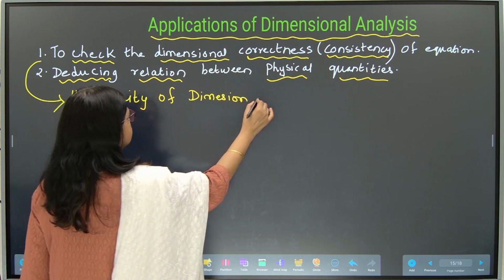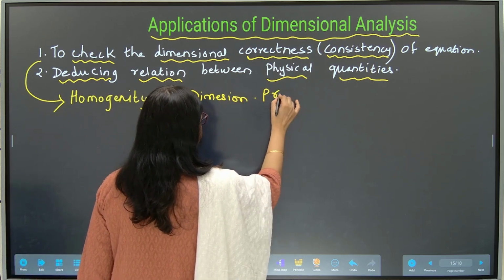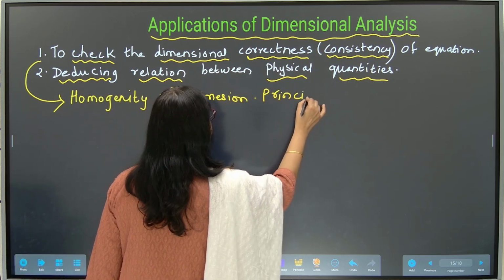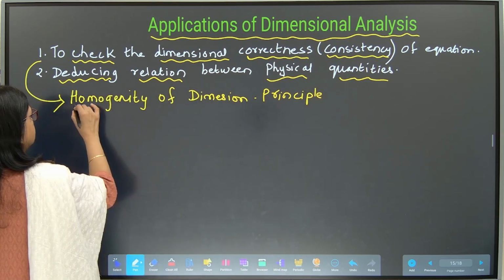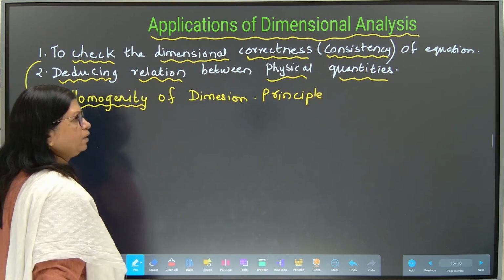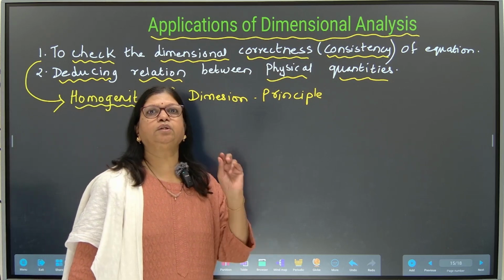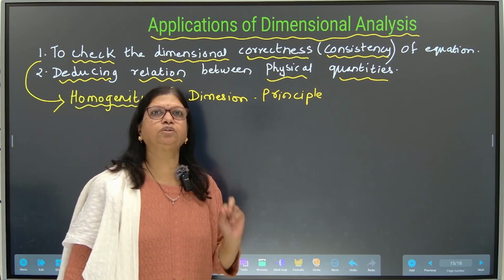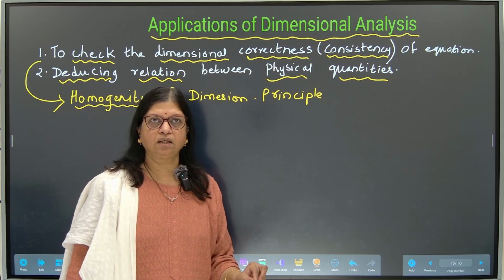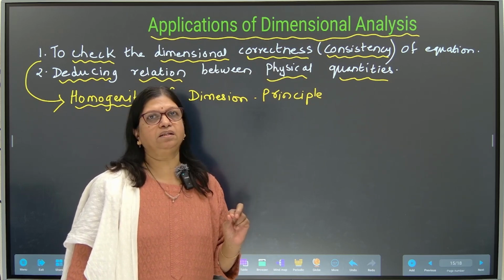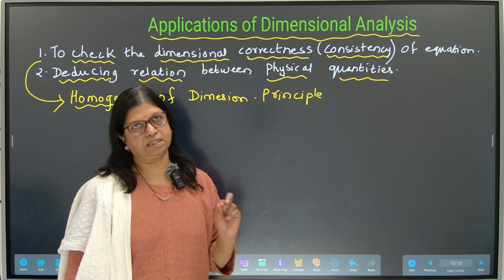It is a principle. Okay? It is a rule. Fine. This is the principle we are going to use to check the correctness of any equation we come across between various physical quantities.